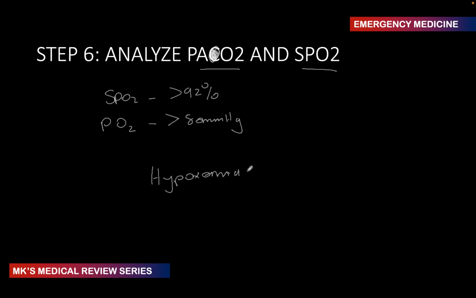So it means that whatever acid-base imbalance they're having, in addition to that, they have some hypoxemia. Then sometimes if you're giving supplemental oxygen, you may realize that the partial pressure of oxygen may even be much greater than 100 millimeters of mercury.